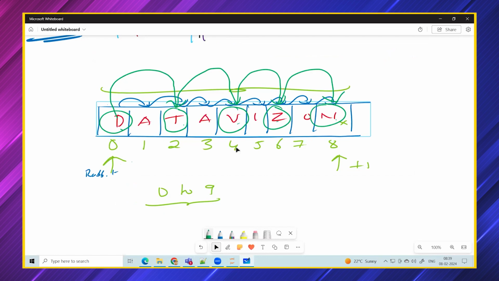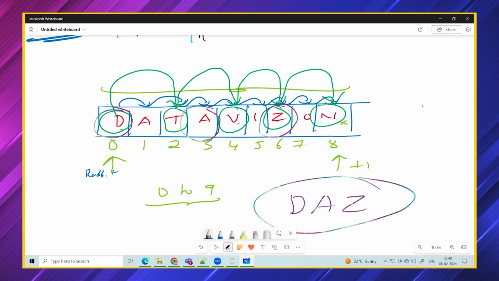Now, if I want to access D, A, Z, what should I do? 3 steps at a time: 0 colon 9 colon 3.